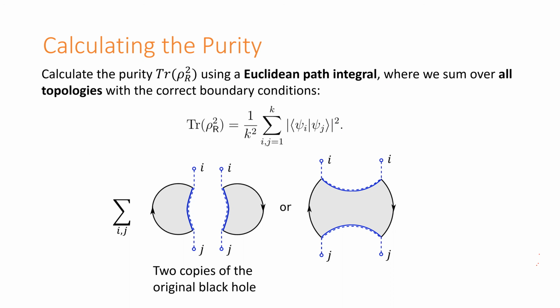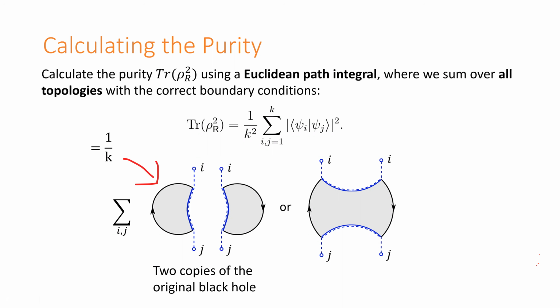Okay, so what answer does this give you? Well, the first thing to note is that here we have an end of the world brane that starts in state j, and then over here it's in state i. So that tells you that in this double sum over i and j, only the diagonal terms contribute. You need to have i equal to j. That means when we do this sum, we only get one factor of k. We had a 1 over k squared out here, so the final answer ends up being suppressed by 1 over k.